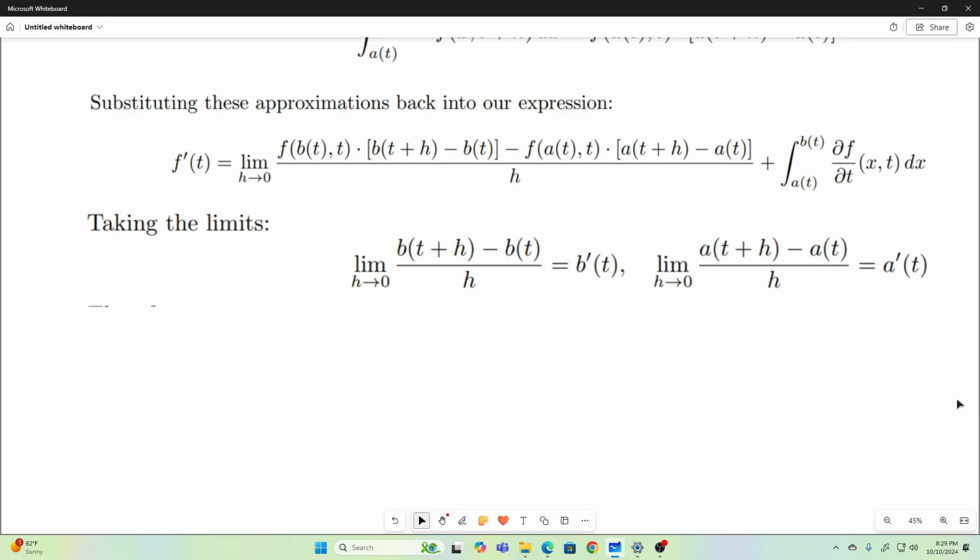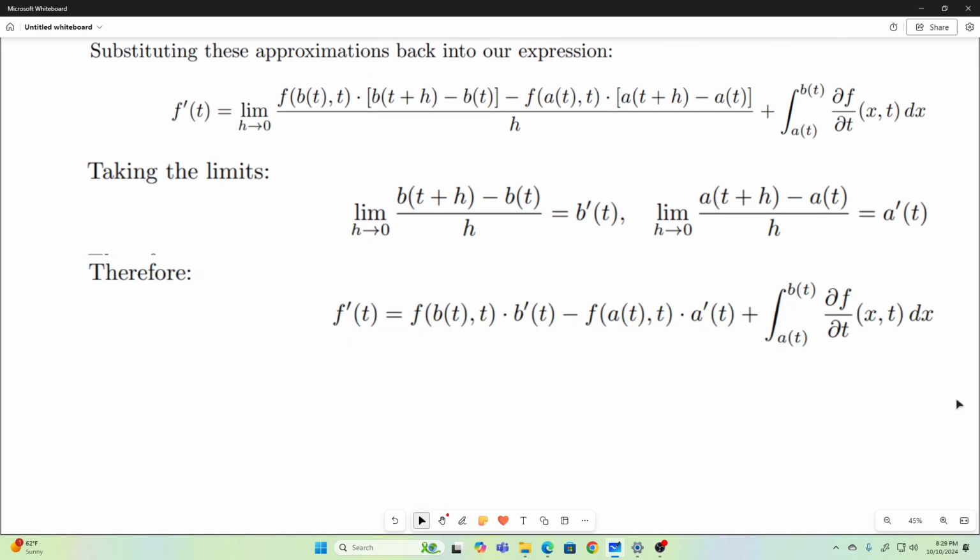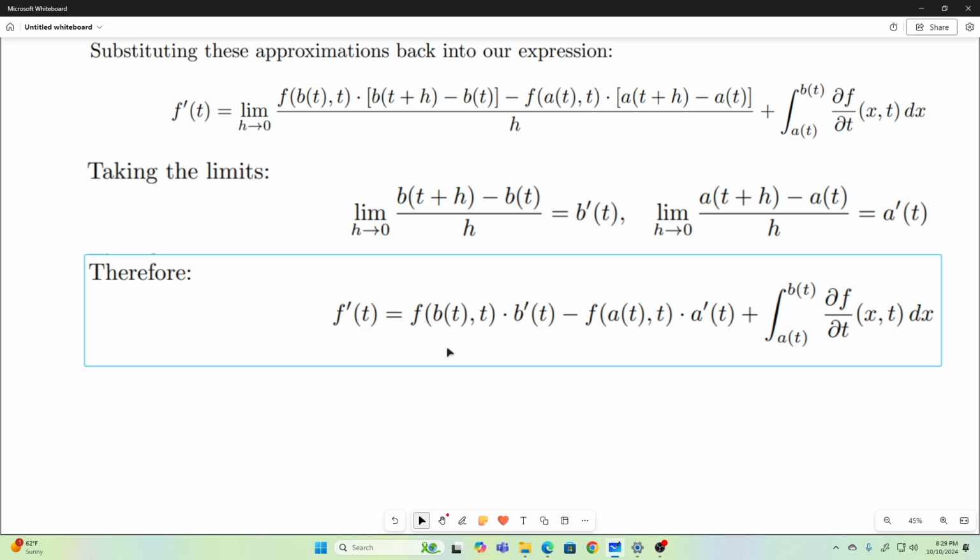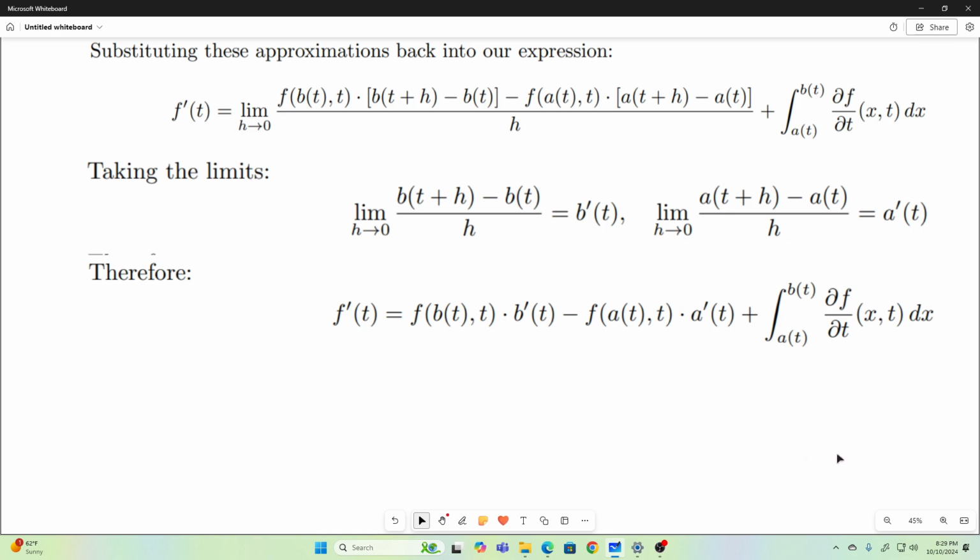All right, so we're going to use that. So therefore, f prime of t is just equal to this right here. That's it, and we're done. I mean, that is the Leibniz rule for differentiation under the integral sign.